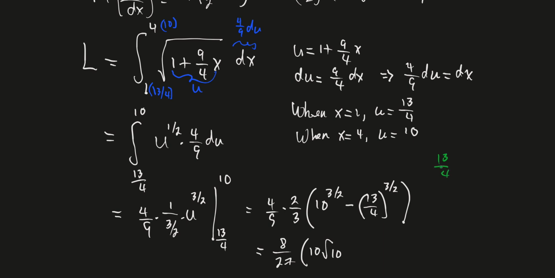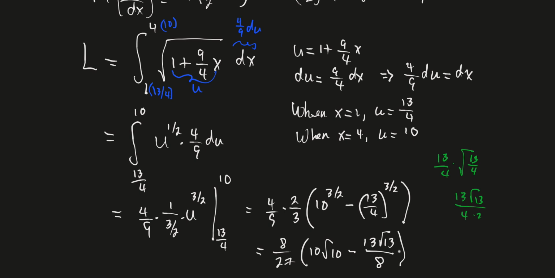So we would have this times root 13 over 4. But now I can take the square root of 13, and then the square root of this 4 is 2. So in the denominator, I actually have an 8. So if you reduce this to its lowest radical form, it's 13 root 13 over 8.